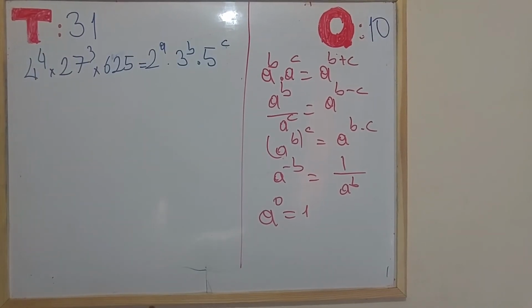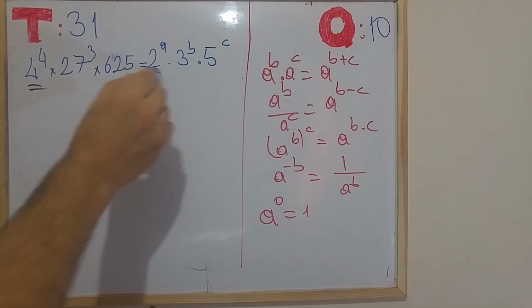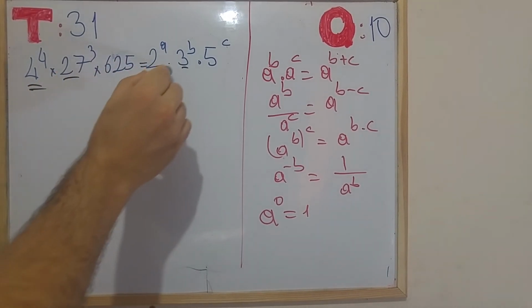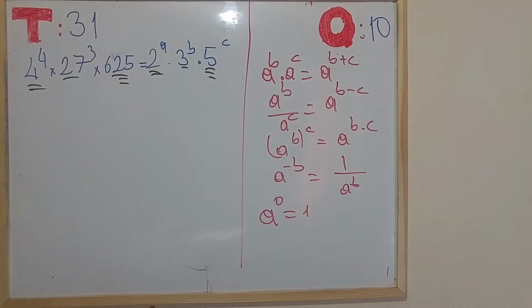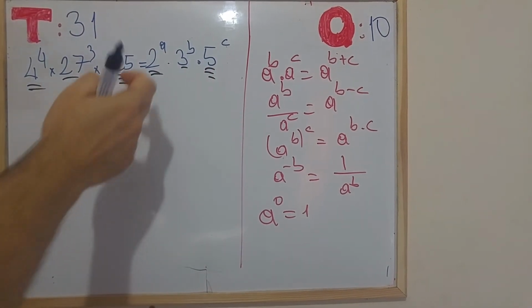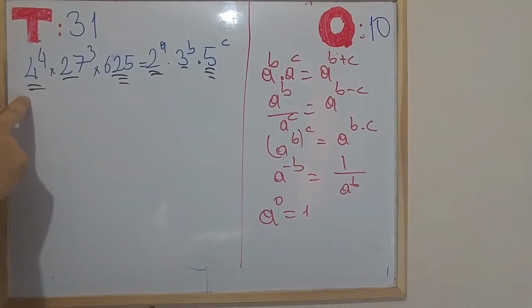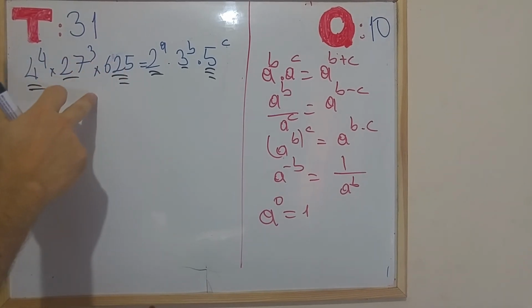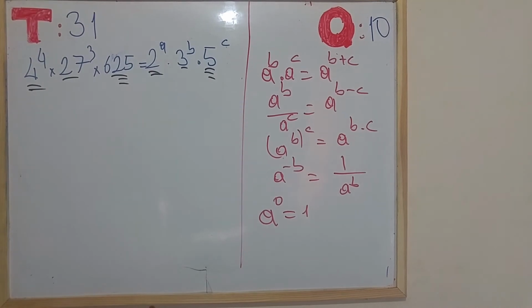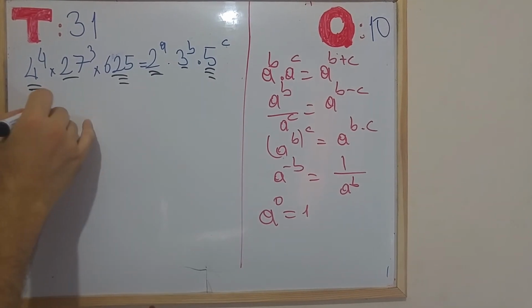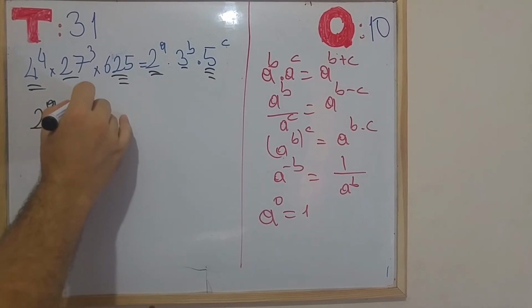In this question we can see that these expressions have to match each other, because 2 to the a could only come from 4 because there is no other multiply 2 coming from others, and similarly for 3 and 3 too. So I can say that 2 to the a is equal to 4 to the 4.